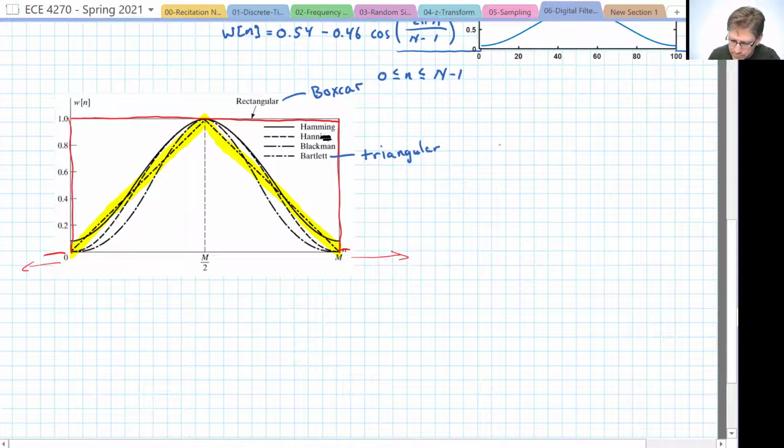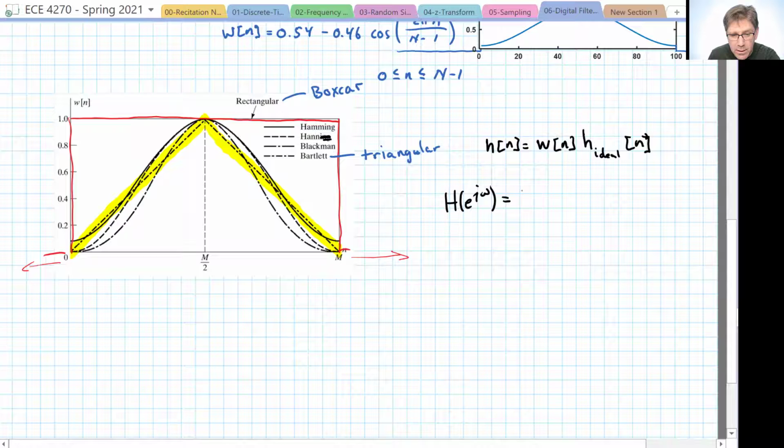Well, if we have h of n is equal to w of n times h ideal of n, when we take the Fourier transform, we have H of e to the j omega is equal to the convolution of W of e to the j omega convolved with H ideal of e to the j omega.